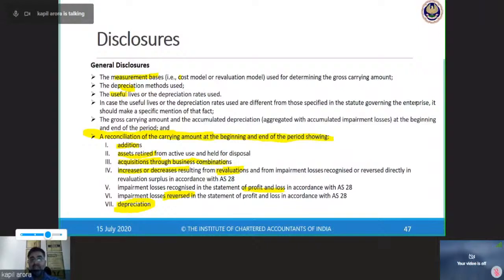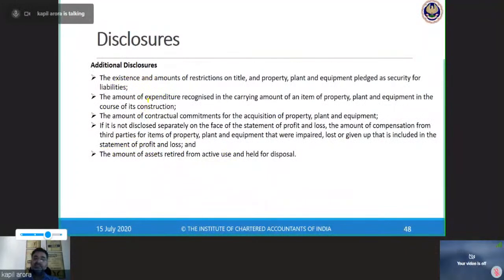What is the useful life or the depreciation rate which we have used? Is there any change in the useful life or depreciation rate which has been used? What is the total amount, which is the carrying value of the asset and accumulated depreciation? That was the disclosure which we need to give every time.